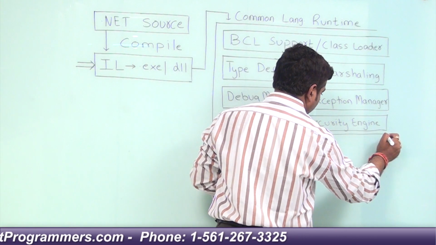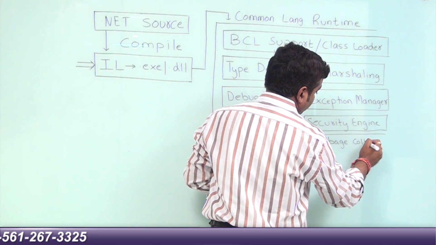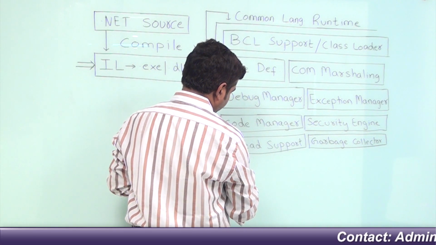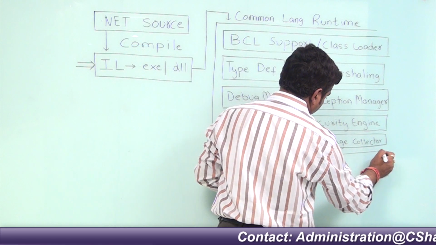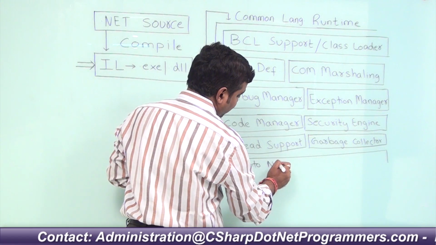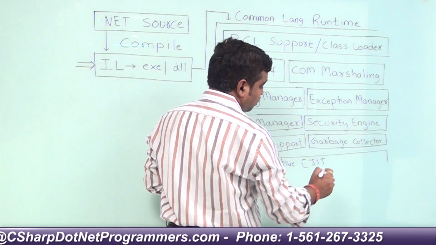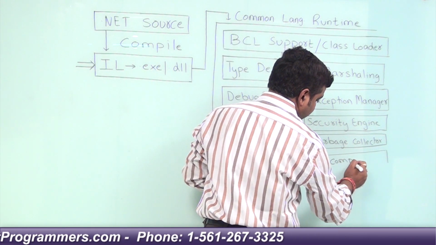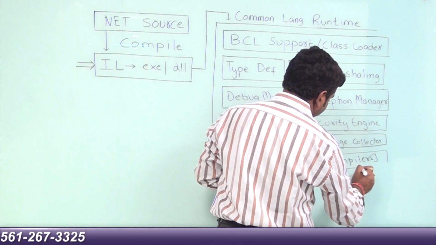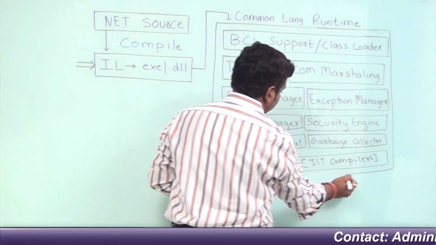And we have a resource called garbage collector to manage the memory of the applications. And we have a resource called IL to native, popularly called JIT compilers, which stands for just-in-time compilers. So the collection of all these resources, we call it CLR.